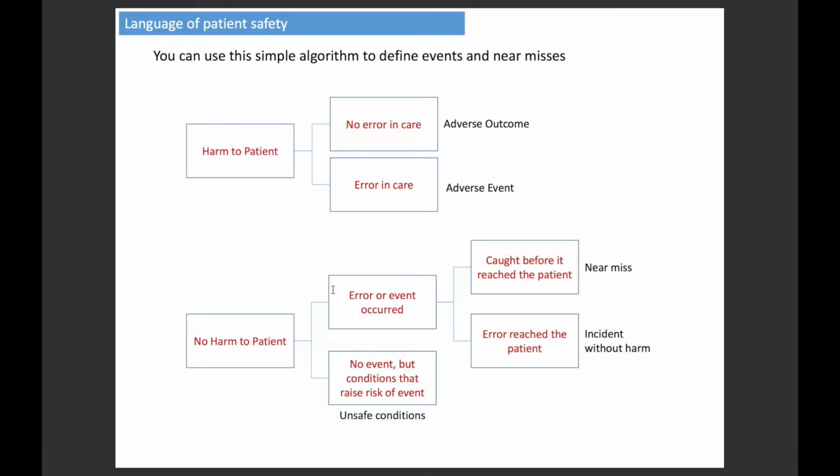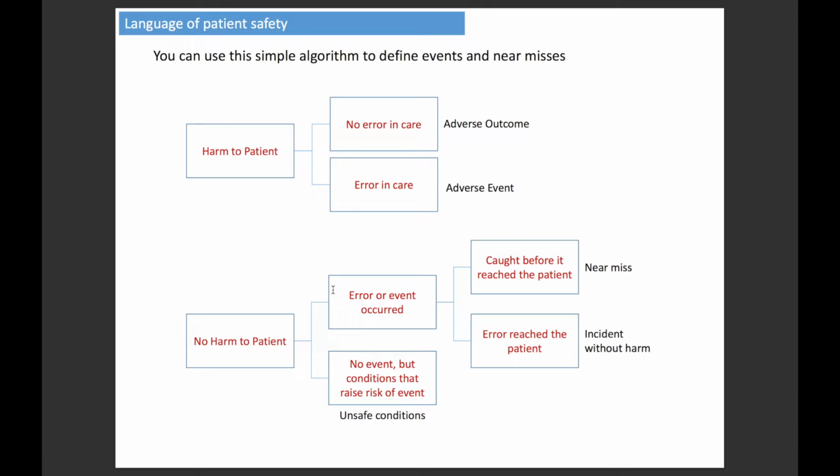But let's say there was no error in care, that the right antibiotic was given, but the patient actually had a reaction, and that wasn't previously known. So there was no error because the right antibiotic was given, but the patient experienced harm, so that would be considered an adverse outcome. It wasn't expected, it wasn't anticipated, it wasn't something we could have known in advance.